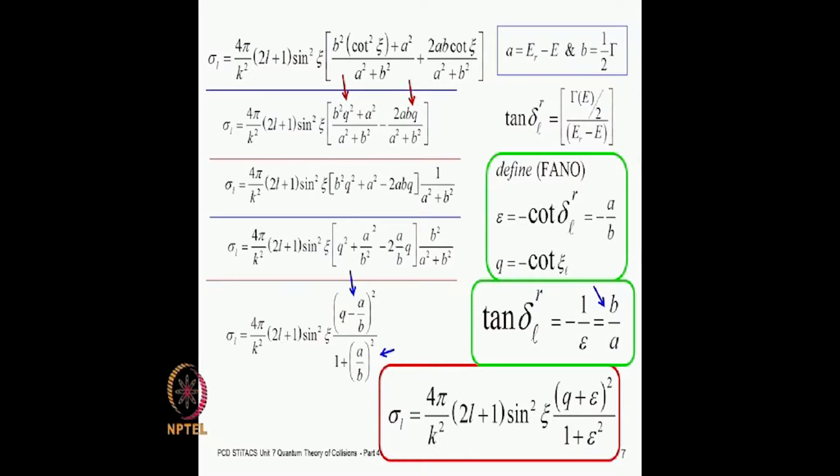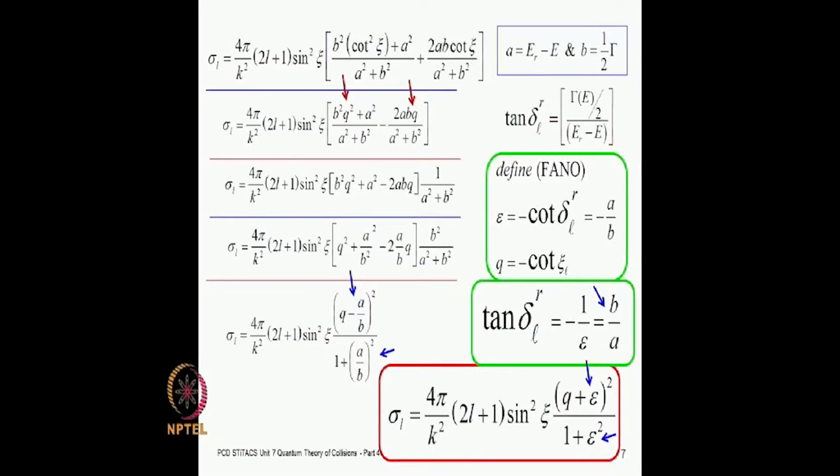Okay? So this is effectively just the same expression. There is nothing new in this that we have found today, except that we have rewritten the scattering cross section for the Lth partial wave in terms of two parameters, one related to the phase shift from the background, and the other coming from the phase shift at resonance. Okay, the net scattering phase shift we had written as a sum of two parts in our previous classes in the last unit. What we did was to express the total scattering phase shift as a sum of two parts.